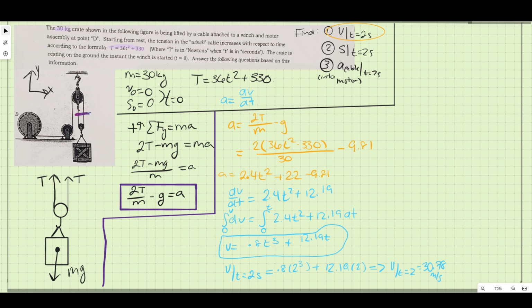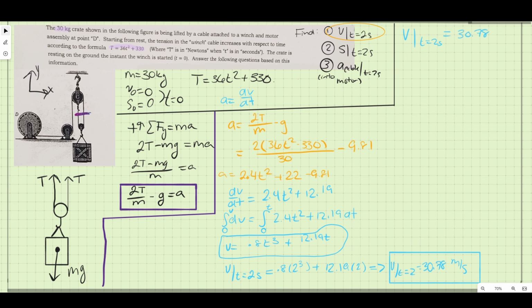Let me put that, it's supposed to be. So this being our final answer for this, we'll set it off to the side. We'll put it up here. V evaluated at t equals 2 seconds equals 30.78.